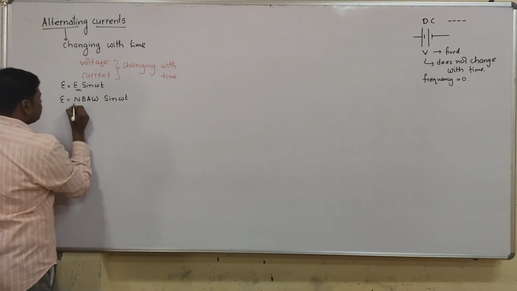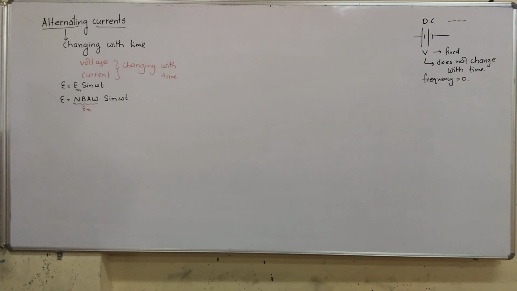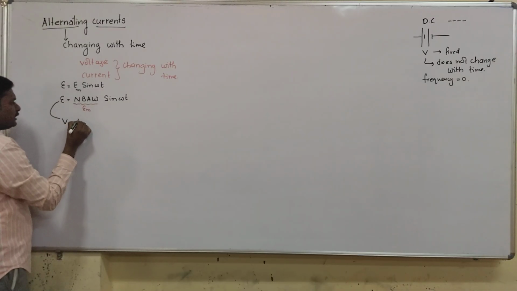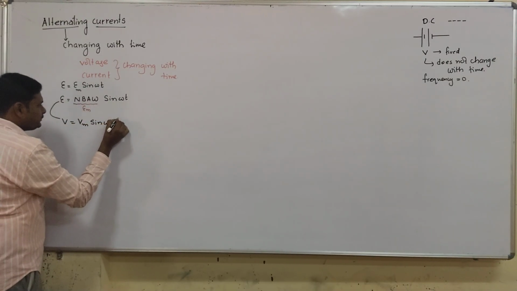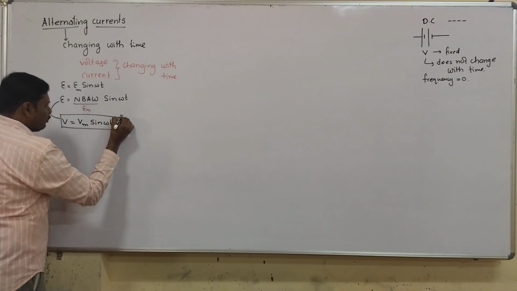And we simply write this as voltage V is equal to V max sine omega t.